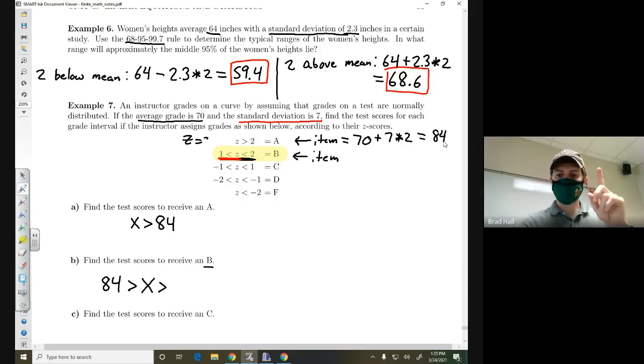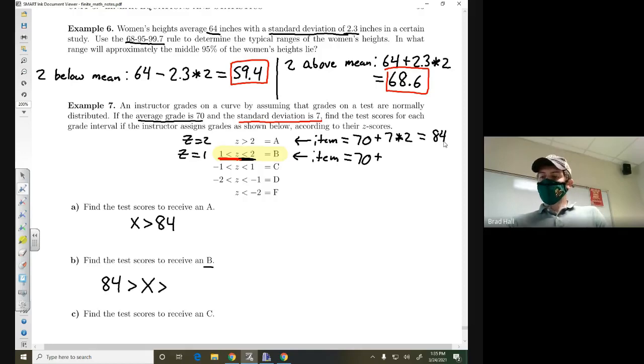So we need to figure out the item. The top one was z is equal to 2. Next one, z is equal to 1. So the item, still 70, plus, well, the standard deviation is 7, but we are only looking at one standard deviation above the mean. One standard deviation because z is 1, and above the mean because 1 is positive. That's why we're adding here. And so that's 77.